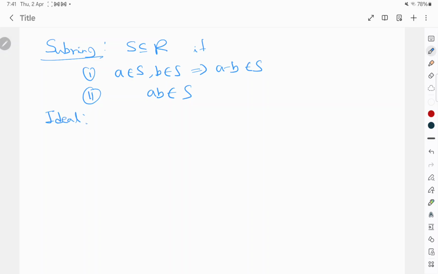So what is an ideal? An ideal is also a subring, but it needs one more property. For a left ideal you need R dot A belongs to S. So we can say I is an ideal if first I is a subring, right?